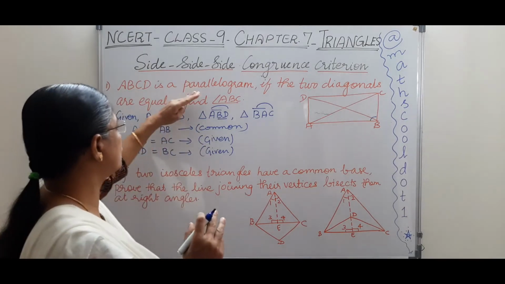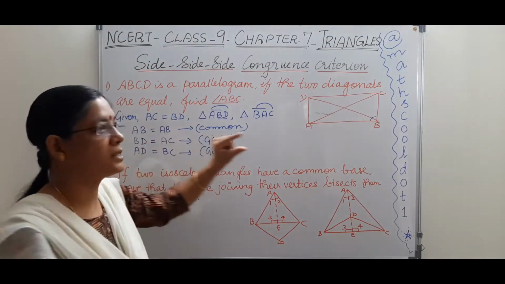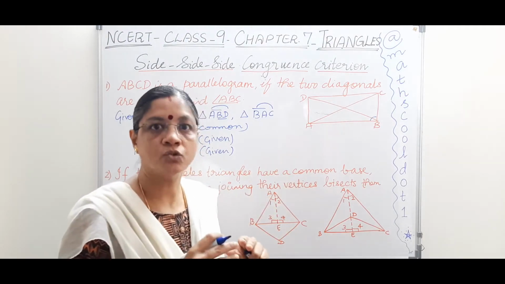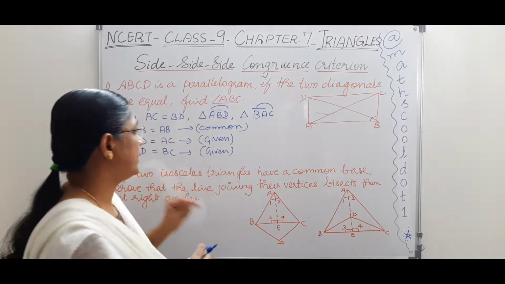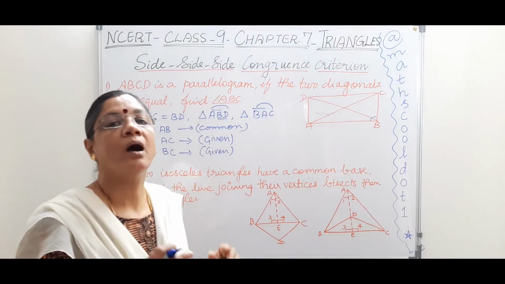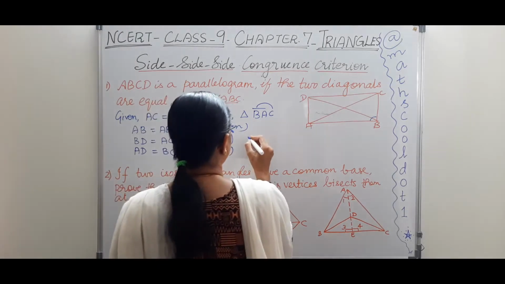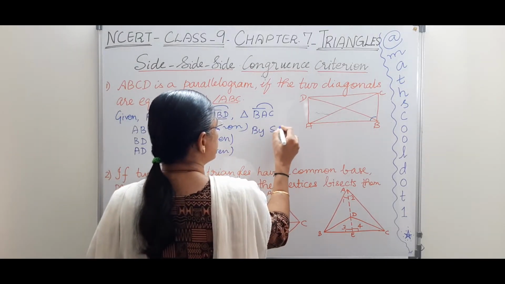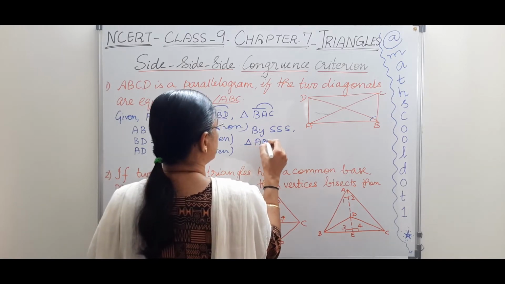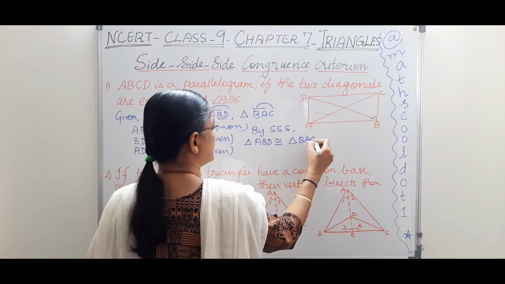According to the side congruence criterion, we have 3 sides of the corresponding triangles equal. Therefore, by SSS criterion, triangle ABD is congruent to triangle BAC.